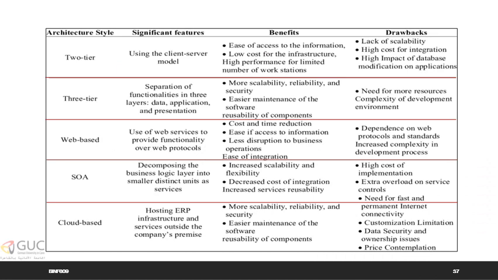This table shows different architecture styles of ERP systems which are applied in ERP design for the modern age. For each architecture style, important characteristics, the benefits and drawbacks are presented.